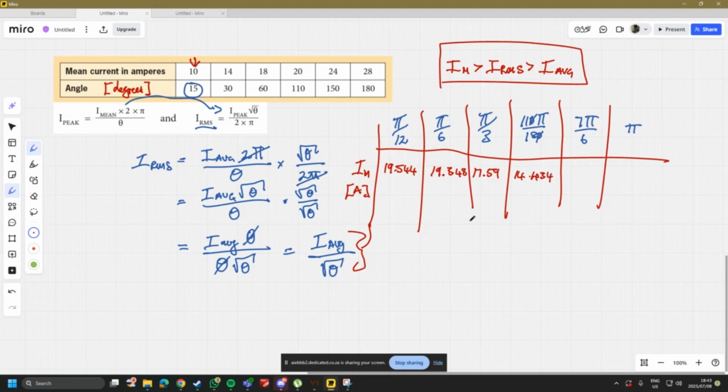This is actually why I don't like this, because I believe there is something missing here. This is our RMS current that we are calculating. Peak.